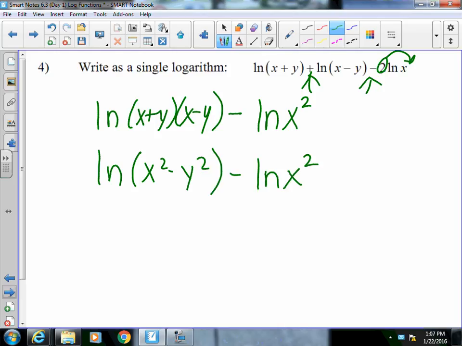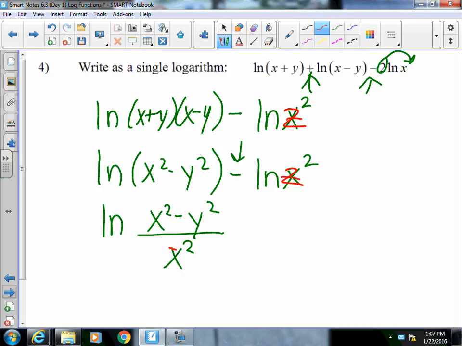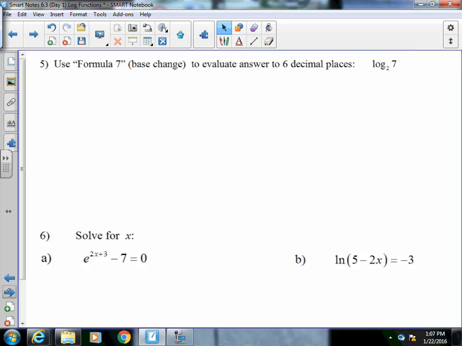Now, the subtraction can be combined by division, so this becomes ln. If it's going to become division, we have the x squared minus y squared in our numerator, and an x squared in the denominator. And that's all the farther we can combine it. And on your paper, there's a small chance that these might be these. Sorry about that. Whichever they are, it doesn't simplify more, so it works out.